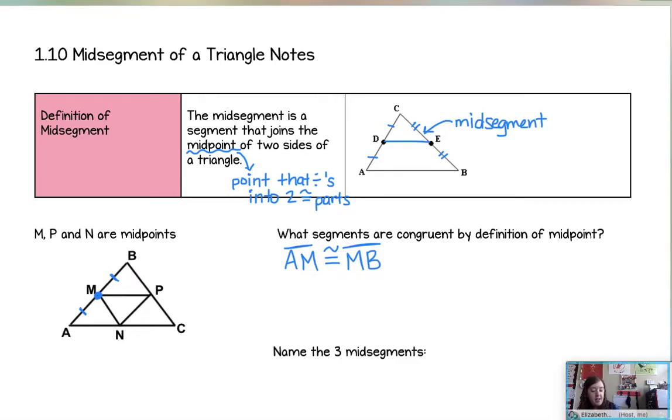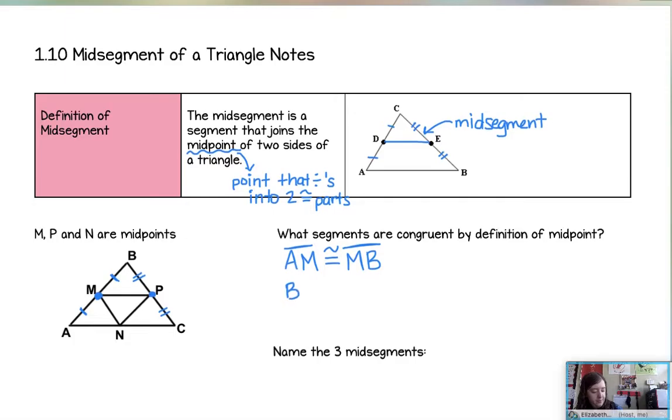Now in the chat, go ahead and tell me, since P is a midpoint, what is BP congruent to? What is PB congruent to? CP, very good, yeah. So each side is going to be congruent.